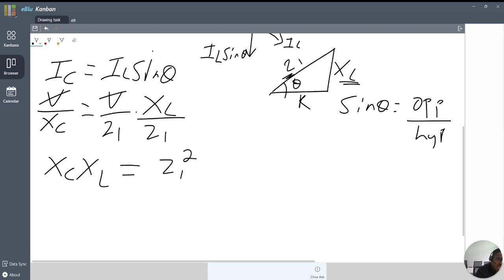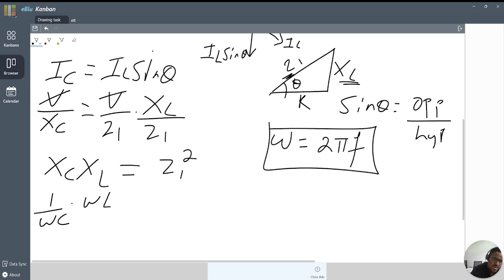When you simplify this circuit, V cancels V, then XC times XL equals Z1 square. XC is 1 over omega C, multiplied by XL, which is omega L. Omega, if you remember, is 2 pi F. So you can substitute, and this equals Z1 square.